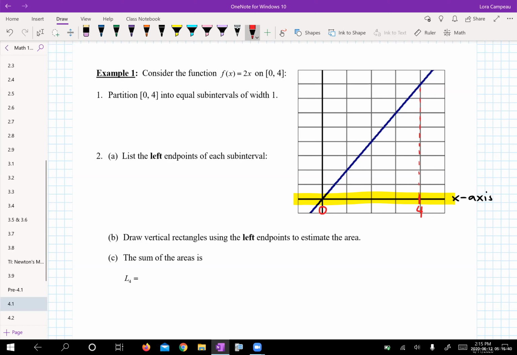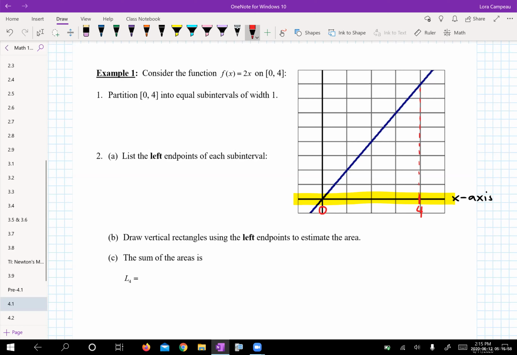It looks like a triangle. Because it's superimposed on a coordinate system, I can use the triangle area formula and get the exact value of the area. But remember, not all of our curves are going to be nice, so I want to give you a technique to use.